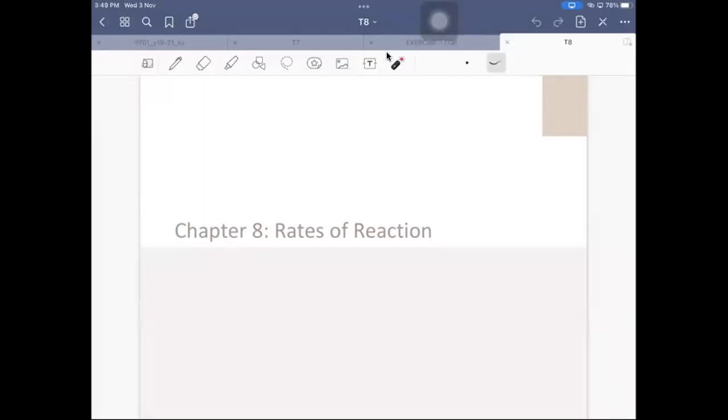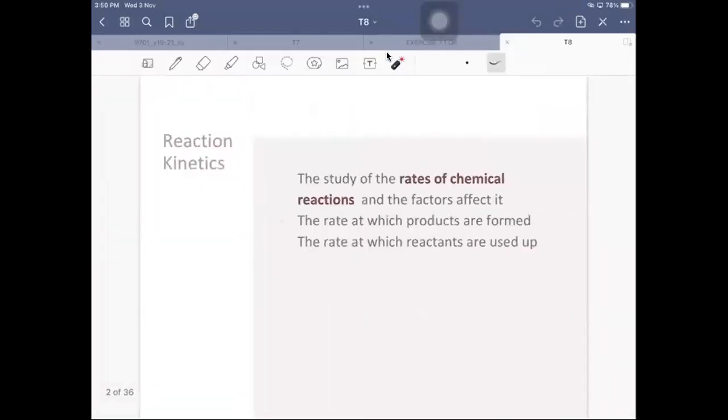Today we're going to start with a new topic still under physical chemistry, and this topic is called the rates of reaction. It's your topic number 8. Rate of reaction comes under the bigger group called reaction kinetics.